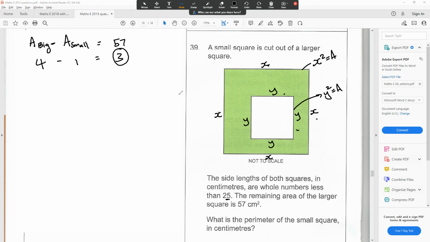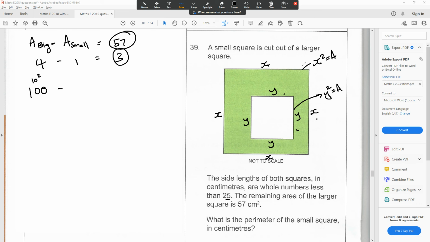That's way too small, right? So we've got to pick up this number a little bit more. Let's pick it up to another number. Let's make each side x and x. I don't know, 4. 4 is too small. It's got to be bigger than 57, right? Let's make it 10. If I make that 10, then my area is going to become 100 because it's 10 squared.